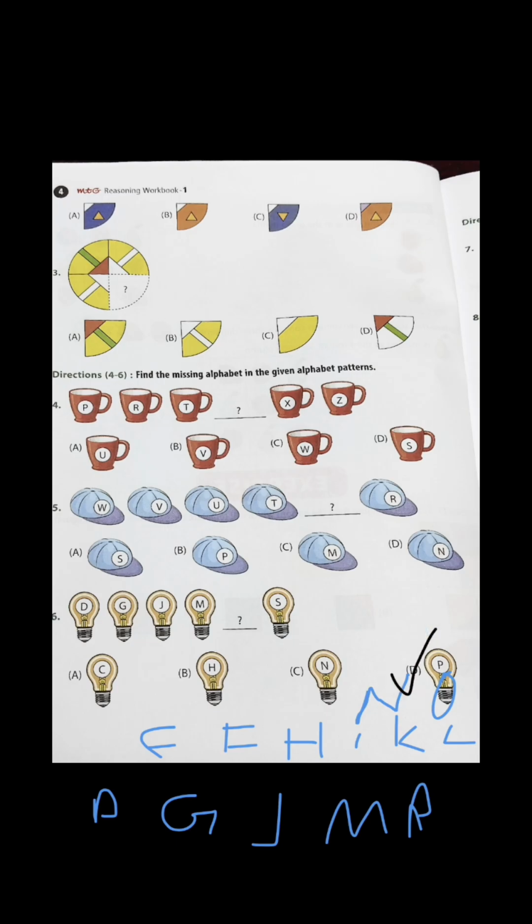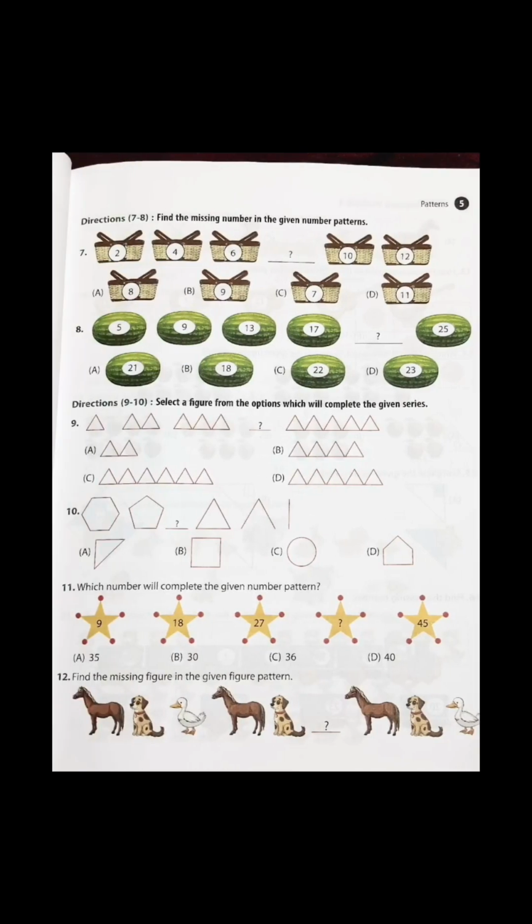Now let's come to the next question. So this is question number 7. We have got a direction for 7 to 8: find the missing number in the given number patterns.